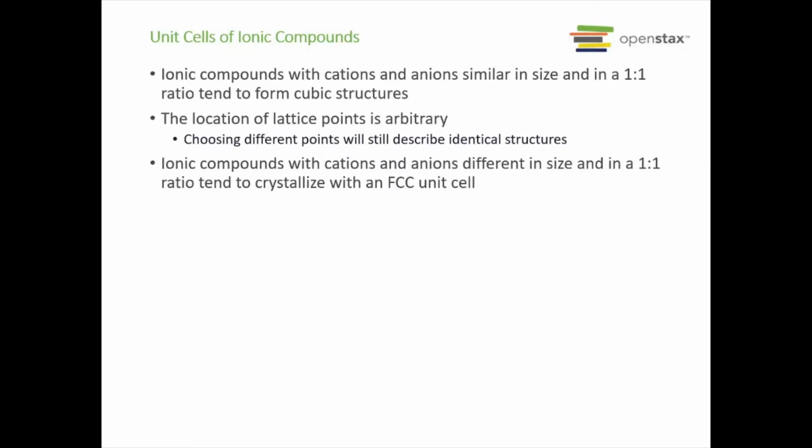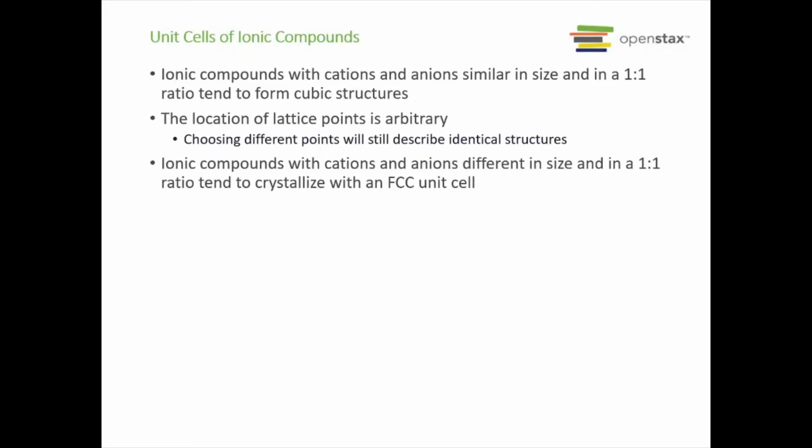So let's talk about the unit cells of ionic compounds. If you have an ionic compound that has cations and anions that are similar in size and in a 1-to-1 ratio, these will generally form cubic structures, where the lattice point is completely arbitrary, because no matter where you choose in the structure, you will have identical structures.